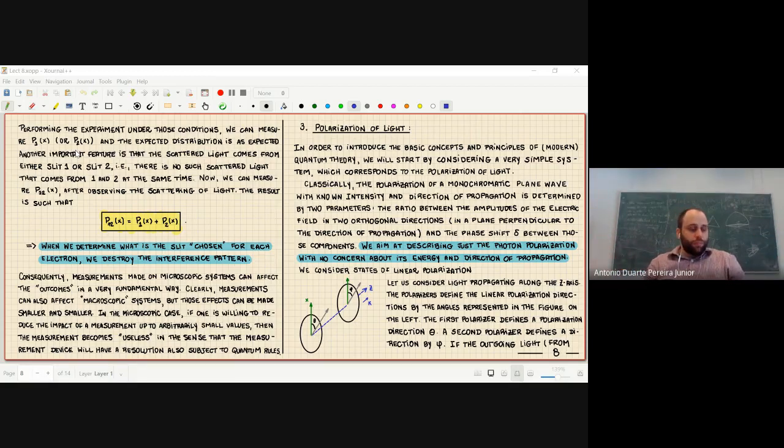If I make the rate of shooting the particles slow enough, I can be sure that I will have just one particle crossing the screen with the slits.